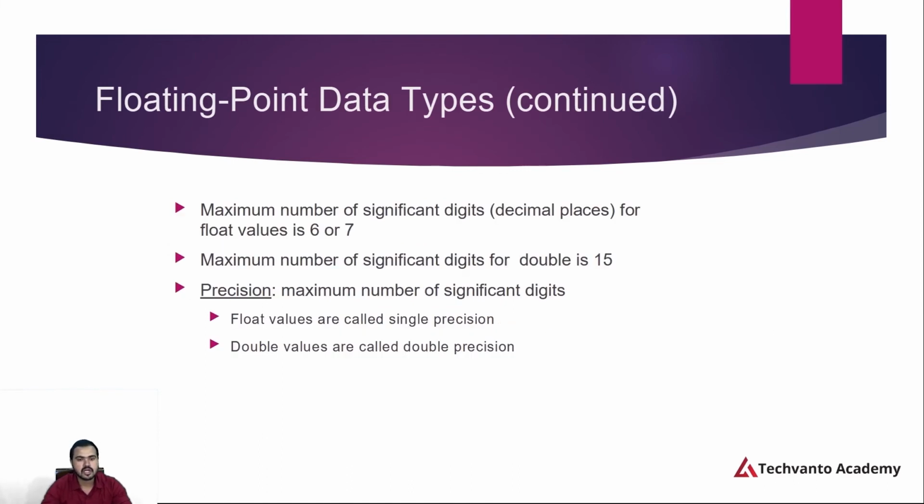So in terms of decimal places, if it is 6 or 7, then we can consider it a float, and if the decimal number is 15 or more, like 16, we can consider it a long double floating point.